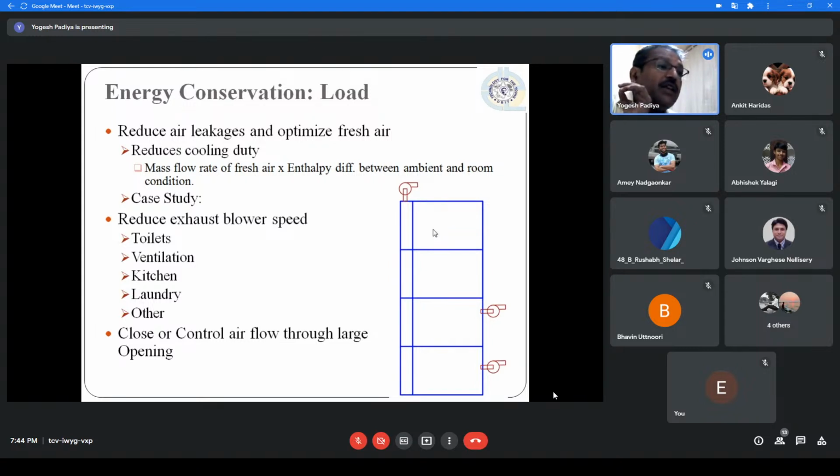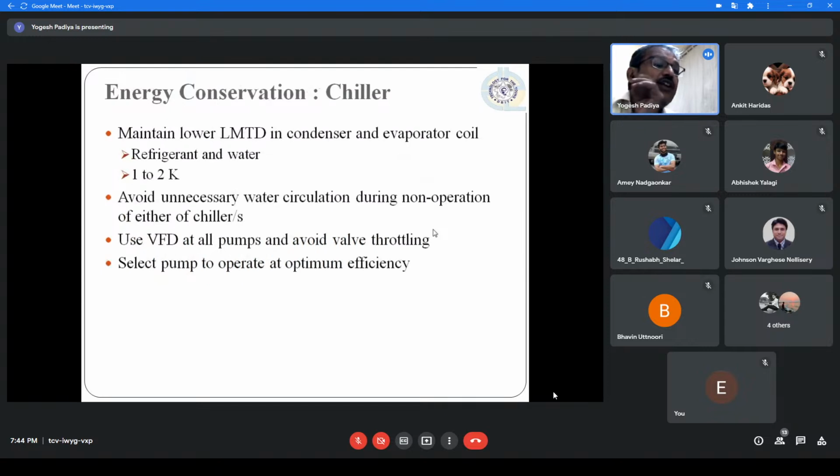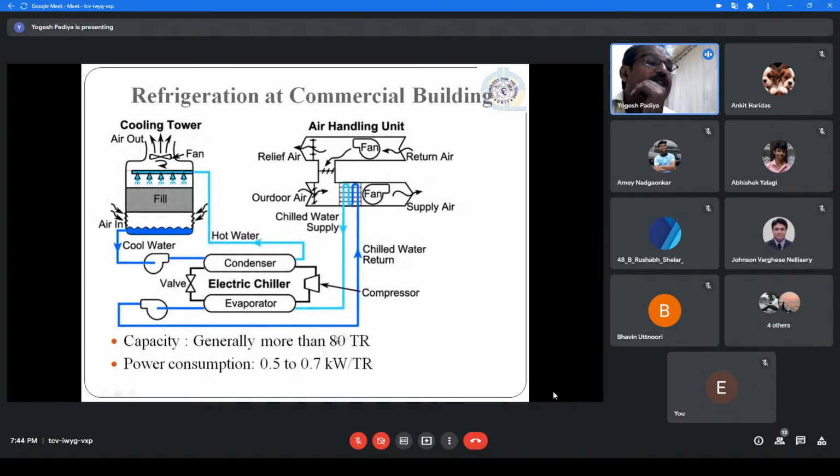Now you can assume that if a 40 to 50 ton load could be saved, it means around 40 into 0.7. How much will it be? 28 kilowatts. 28 kilowatts being saved. 28 kilowatts into 20 hours, it will be around 560 units per day saved. 560 units into 10 rupees, 5,600 rupees per day will be saved.